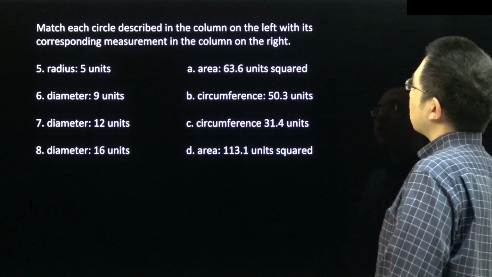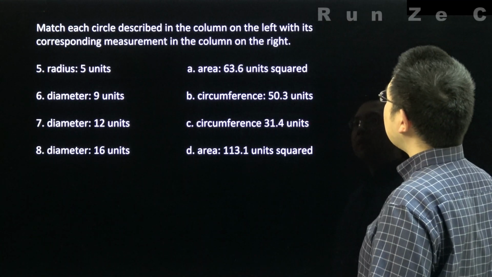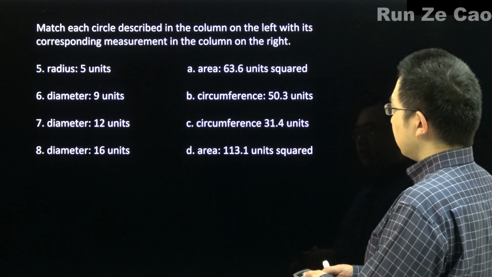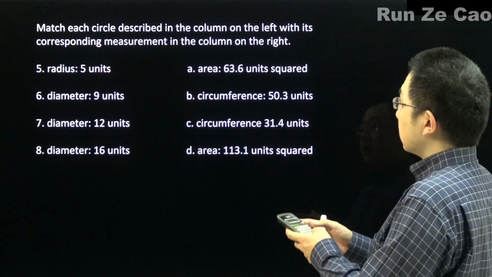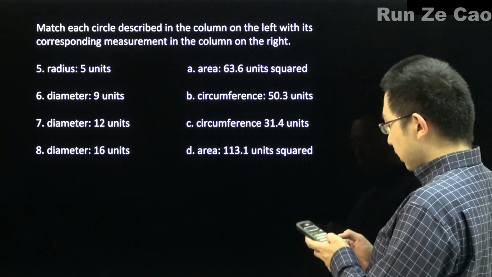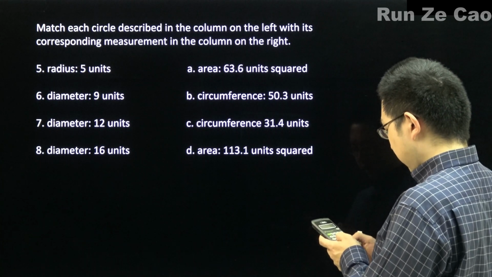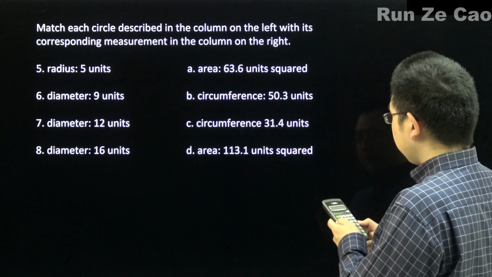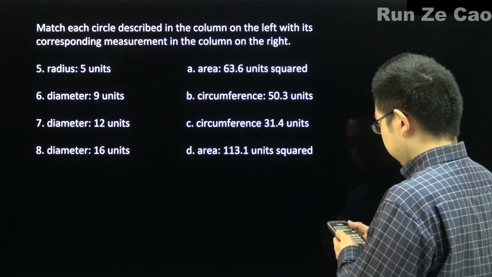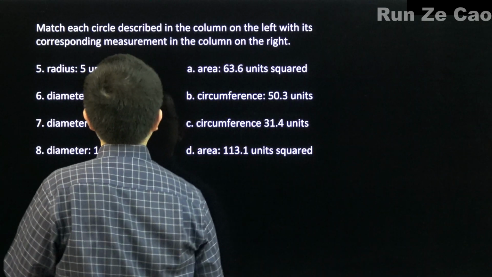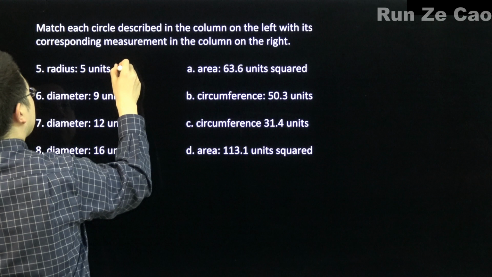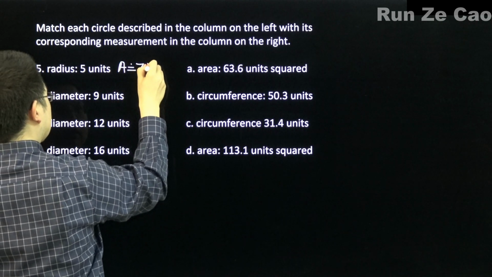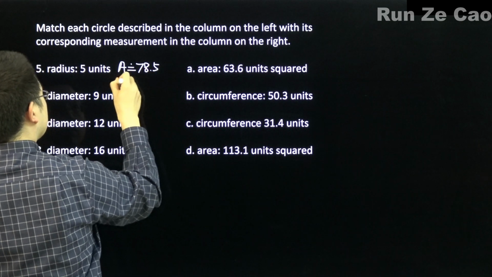Okay, match each circle described in the column on the left with its corresponding measurement in the column on the right. Well, then we would use our calculator and go radius 5 units. Okay, r squared is 25 times pi, 78.53. Area is about 78.5.